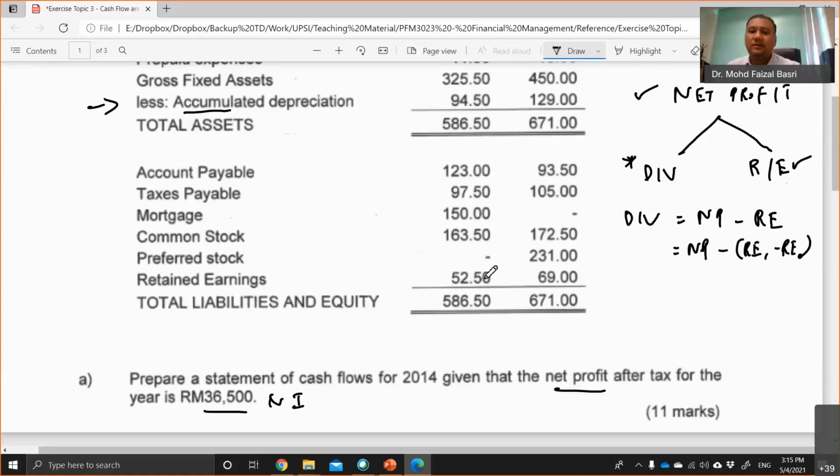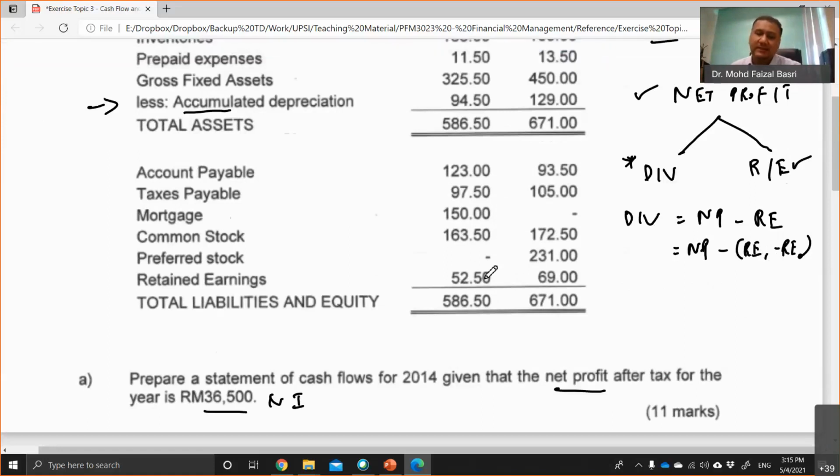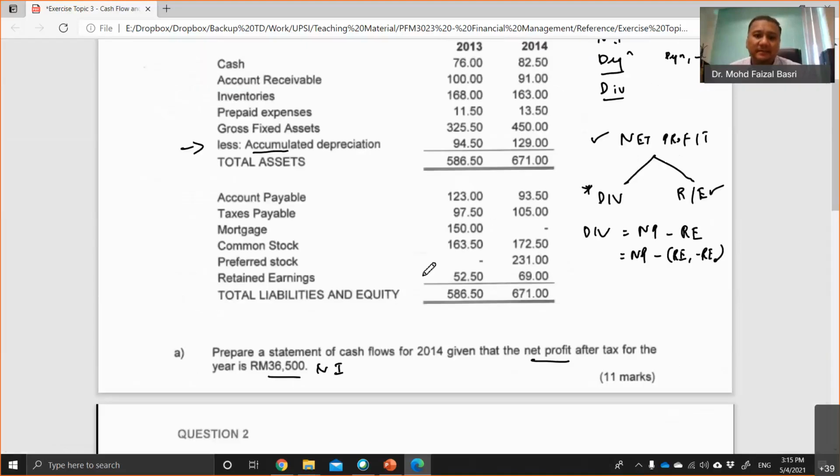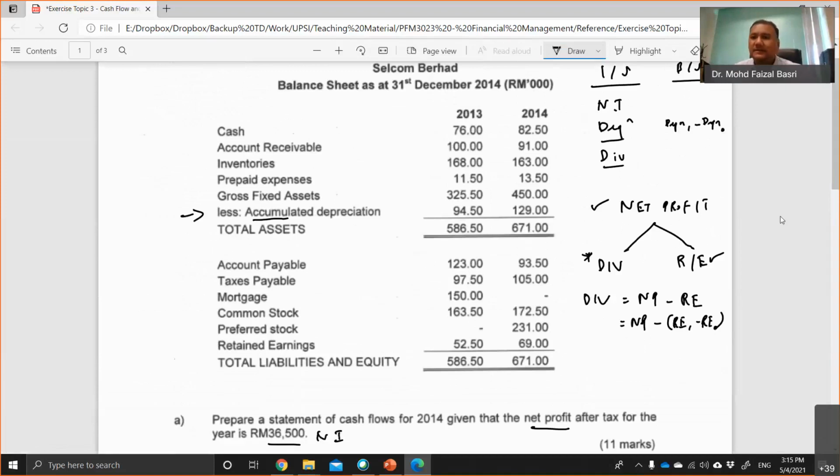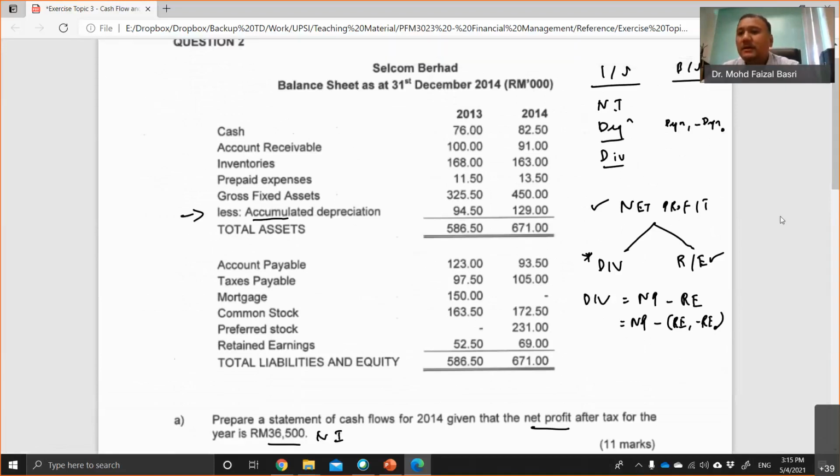So what I want to do next is give you a short break, and at the same time I will leave this question. Try to do this question, I've given some hints here. After the break, you straight away calculate this. I'll give you until 3:35 to try to answer this based on my explanation just now, and then we will discuss the answers towards the end of the class.